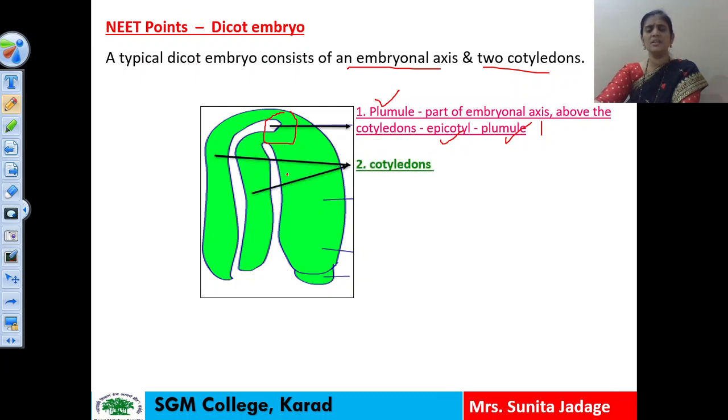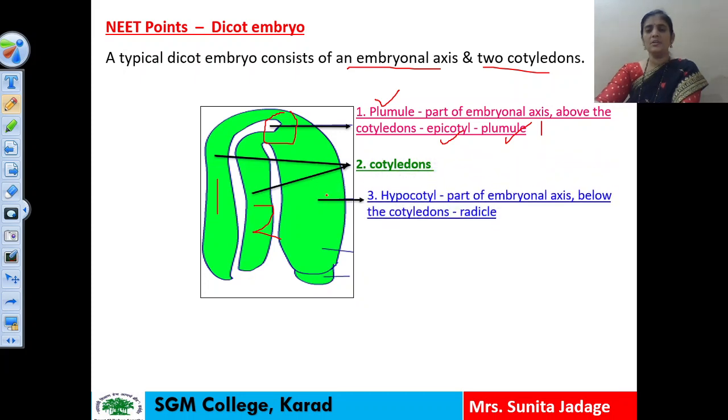Then the second part, two cotyledons we can see here. This is the first cotyledon and this is the second cotyledon. In this way the dicot embryo is showing two cotyledons. Okay. Then third, the part of the embryonal axis which is present below the cotyledons is known as the hypocotyl, and it is responsible for formation of the radicle, which gives rise to the root system in the plant.